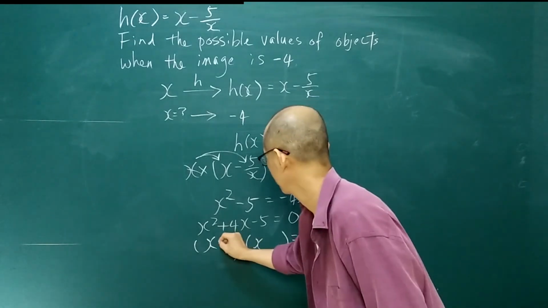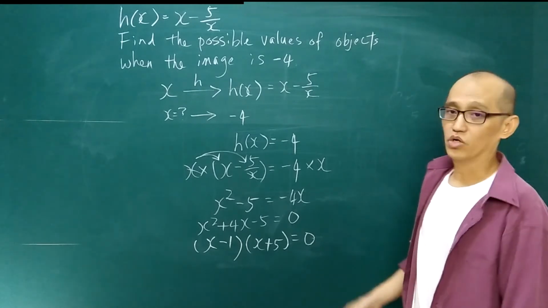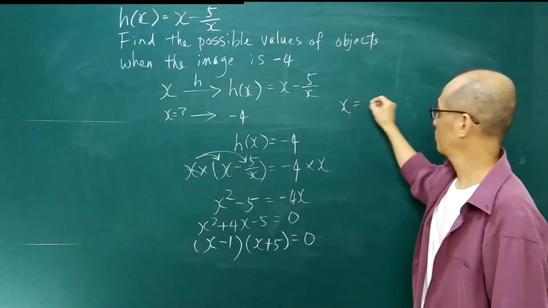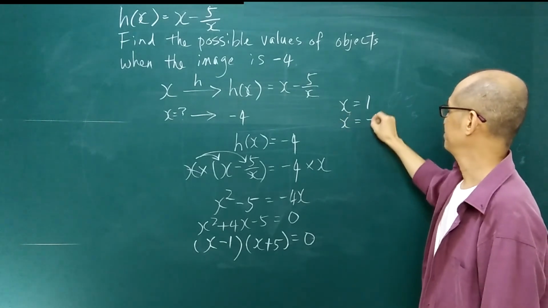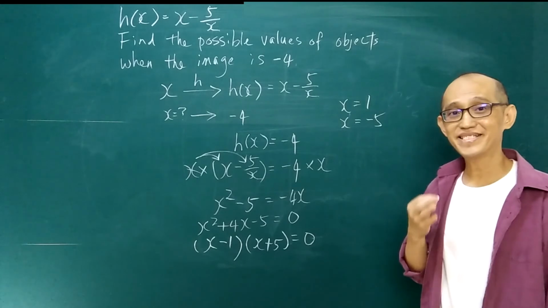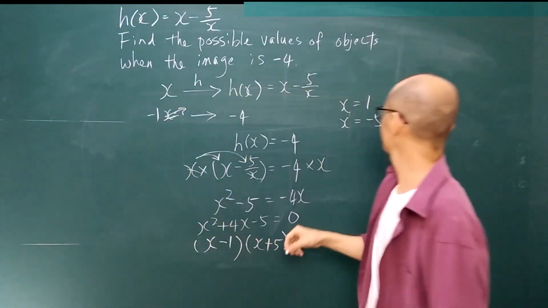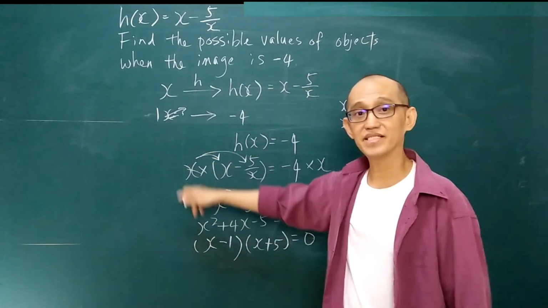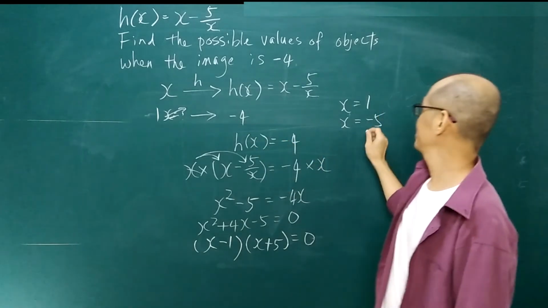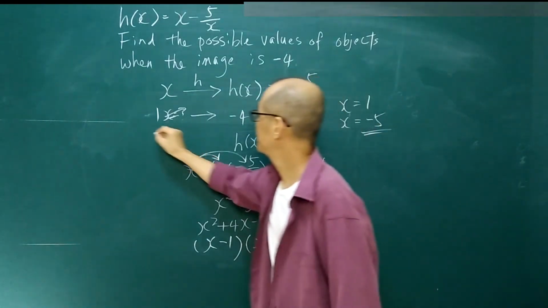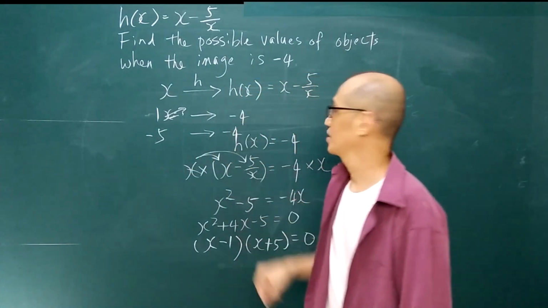And we have -1 and plus 5 here. So x equal 1 or -5. So what this means is that when x is 1, the image is -4. Also, when x is -5, the image is also -4.